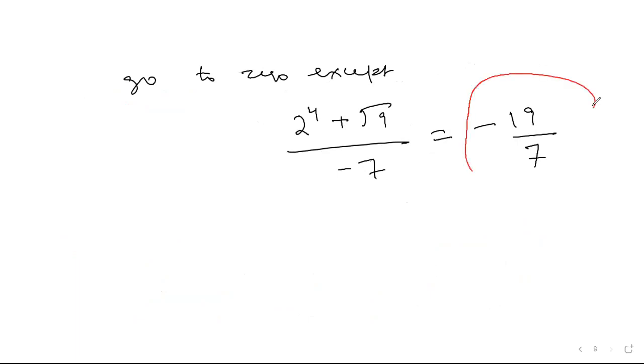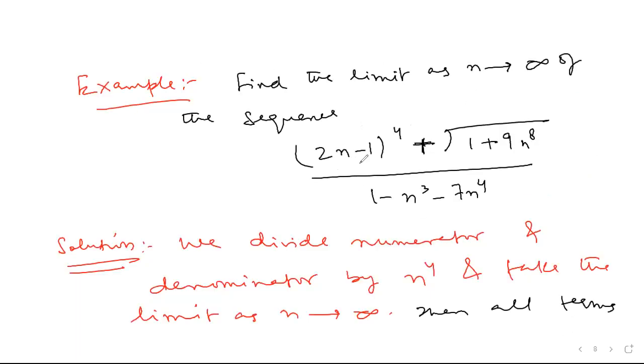So this minus 19 by 7 is the limit of this sequence as n tends to infinity, right? You do it, divide it yourself by n raised to 4 in the denominator and numerator, then take the limit.